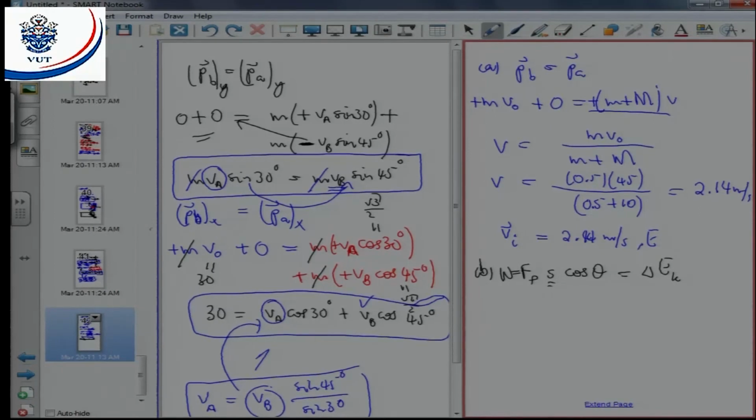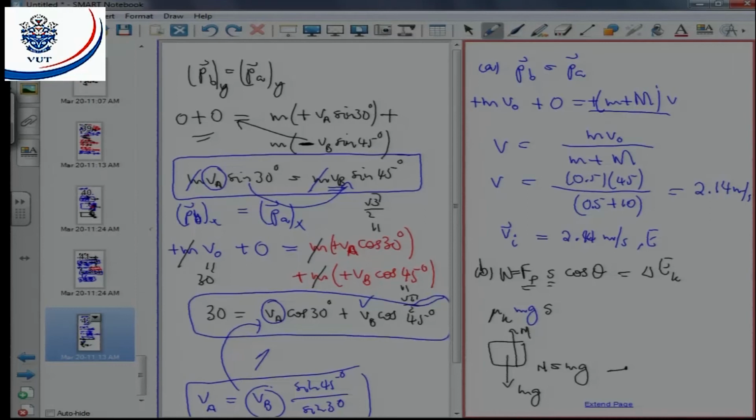From this side, frictional force is just mu k N, but for the block in the y direction, only the weight and the normal force are acting. So N is just mg. I'll just rub off the m and substitute mg. So mu k N, and then we've got s, and the angle between them.